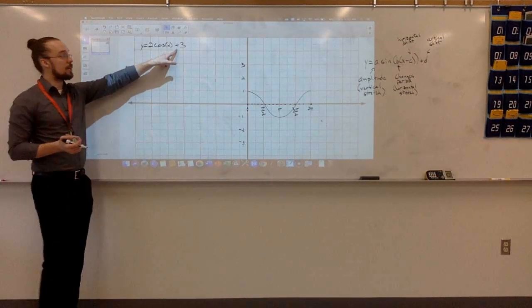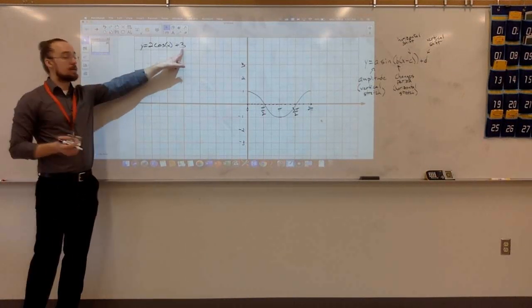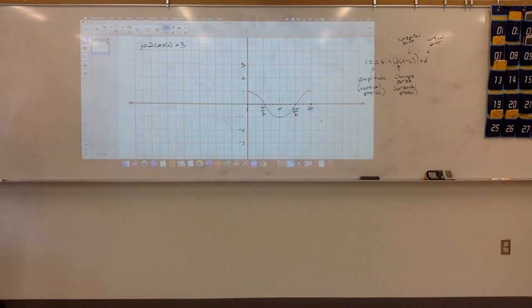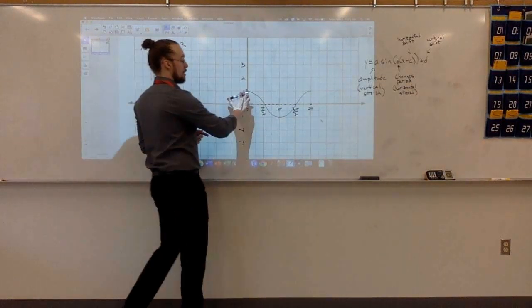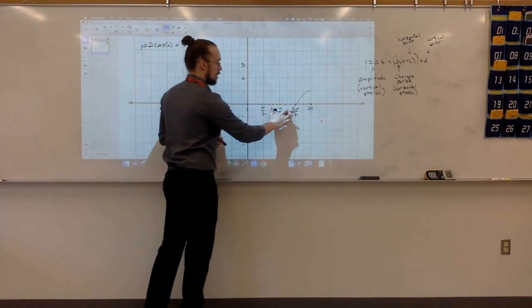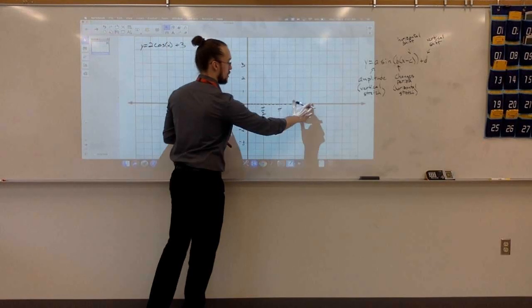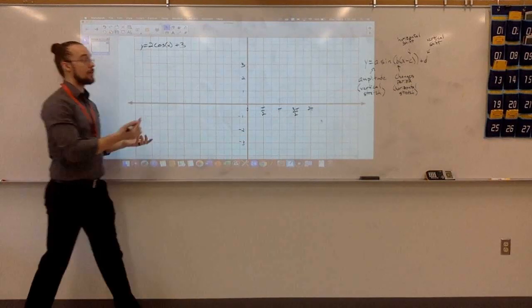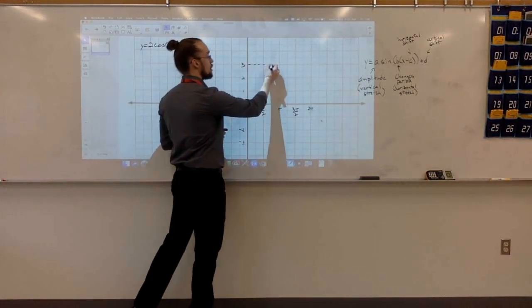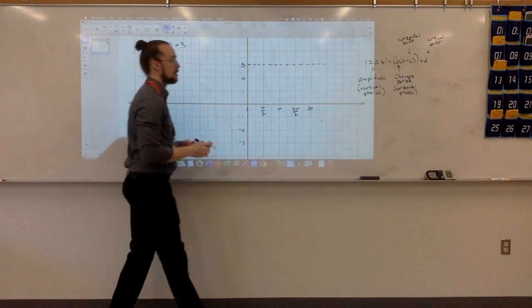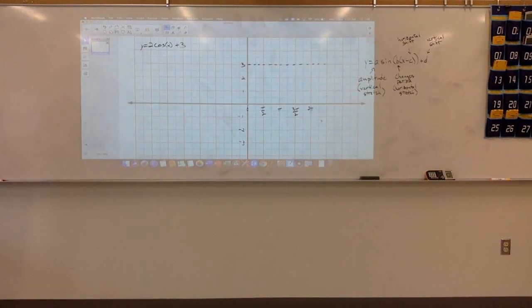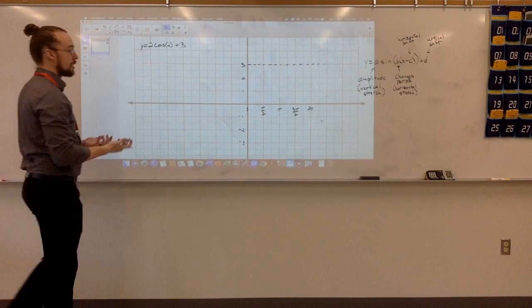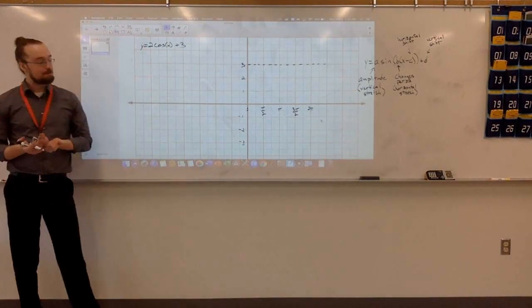If we have a D value, the middle of the function is going to be wherever that D value is. So if I'm shifting up 3, the middle of my function is going to be at y equals 3. I'm going to sketch in a dotted line. You don't have to if you don't want to, but that's how I like to keep my midline straight.